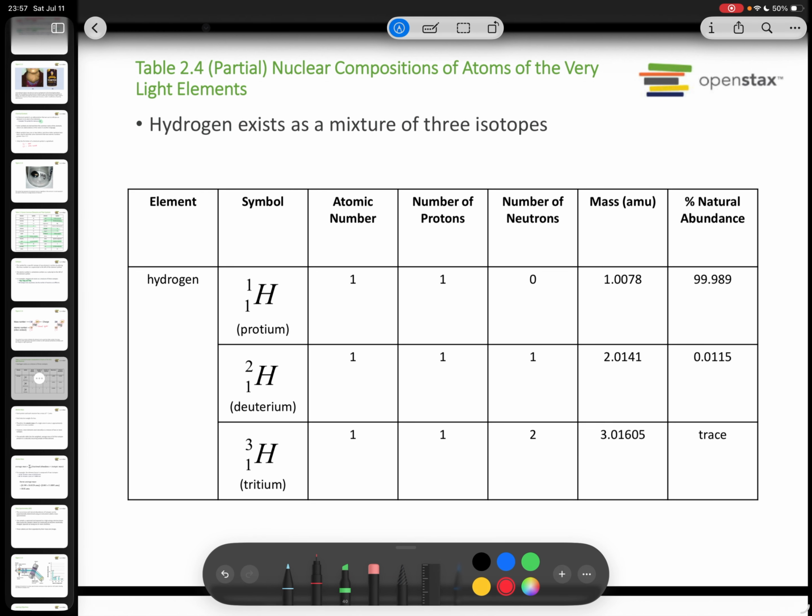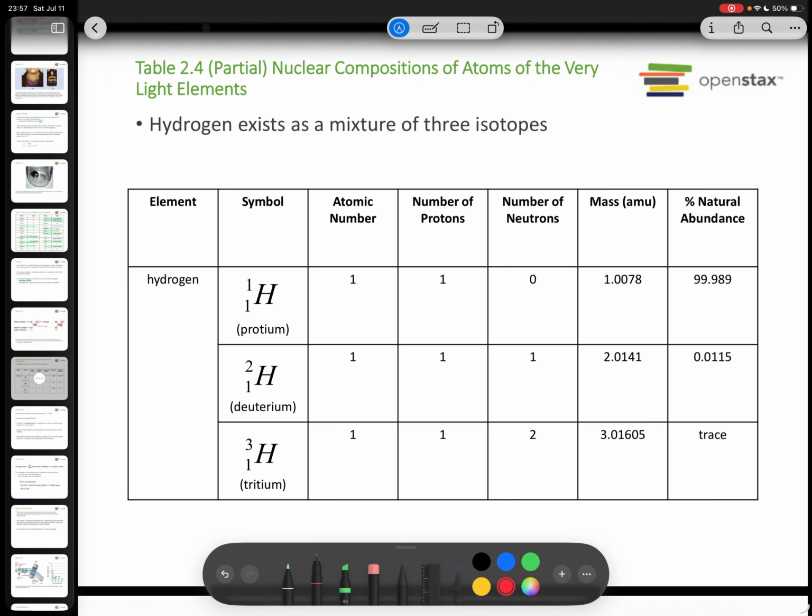So, hydrogen, for example, has 3 isotopes. So, meron siyang protium, has 1 proton and 0 neutrons with mass number of 1. Deuterium has 1 proton and 1 neutron with mass number of 2. And tritium has 1 proton and 2 neutrons with a mass number of 3.